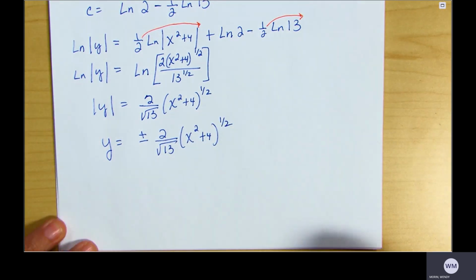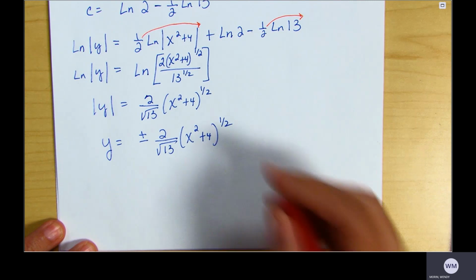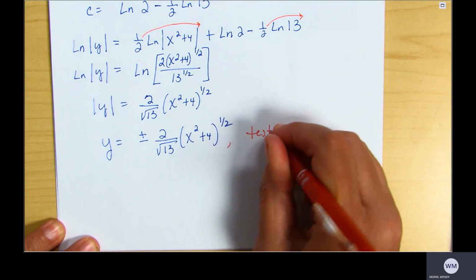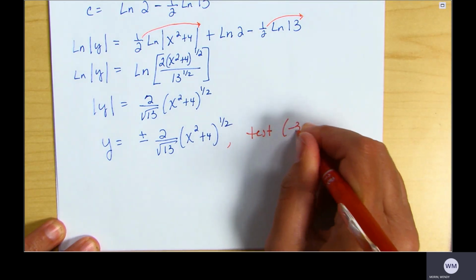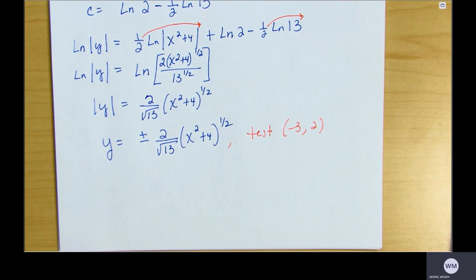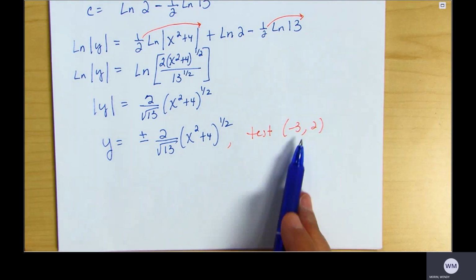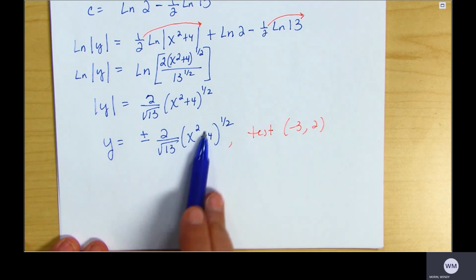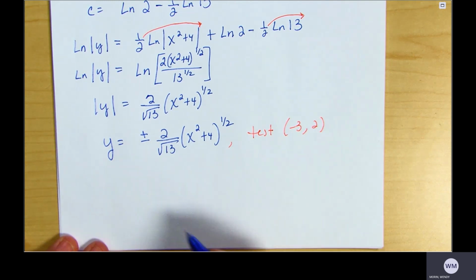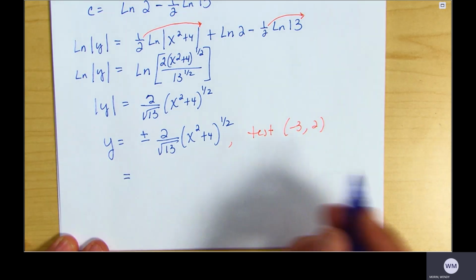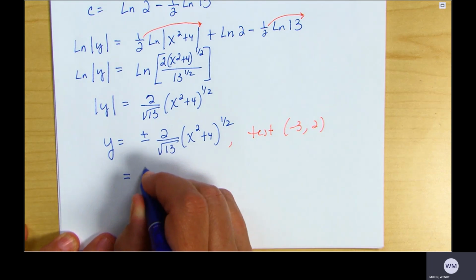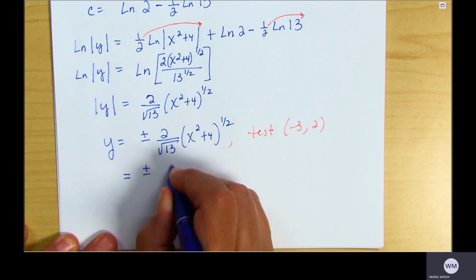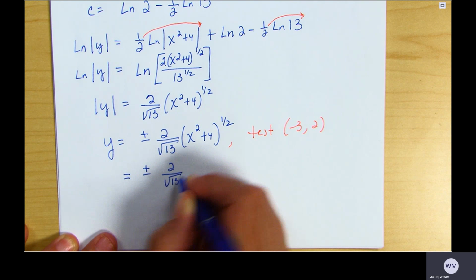And again, which one is it? Well, we have to test -3 and 2. If I plug in a -3 for x, which one's going to give me a +2? Is it going to be the plus or the minus? So 2 square roots of 13.